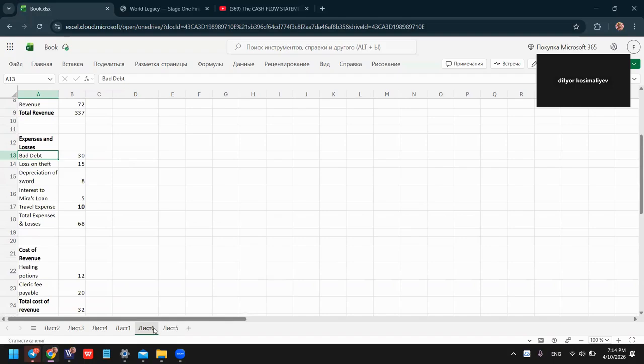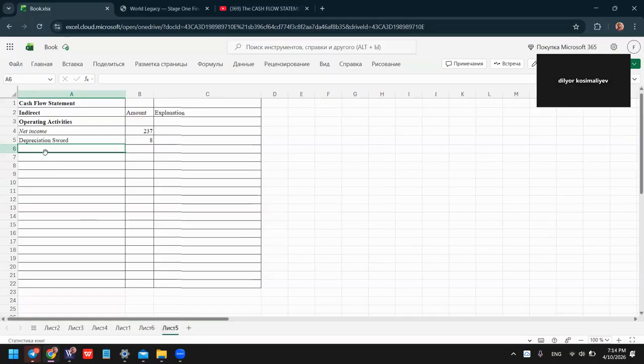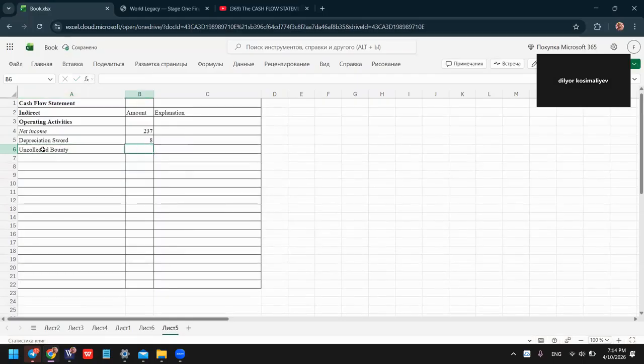The effort was there, but no result. But in cash accounts, we don't care. There was no cash transaction. We didn't lose cash. So bad debt, we can say uncollected bounty. Here it's 30. We add it back.